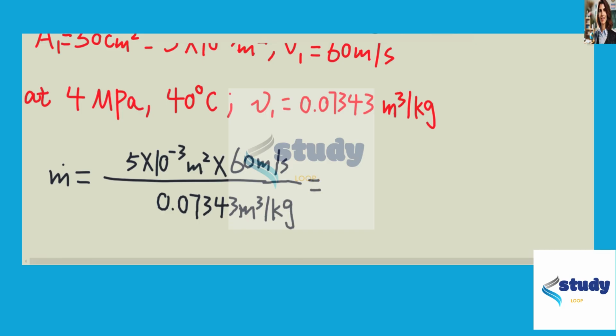And this will give us the mass flow rate is about 4.09 kilogram per second.